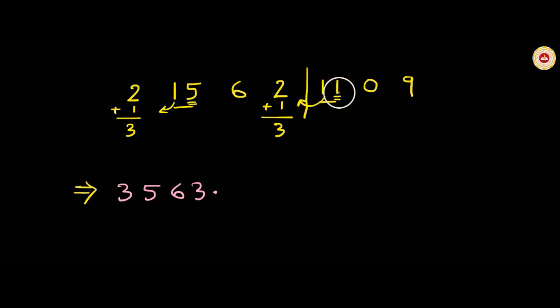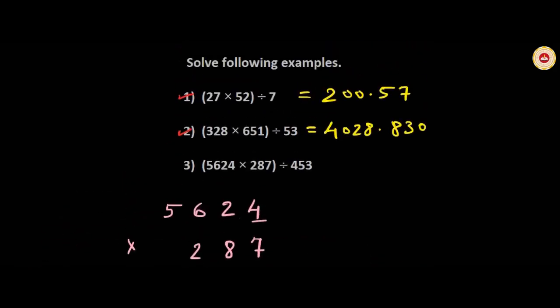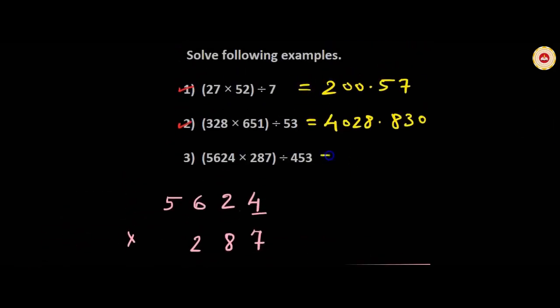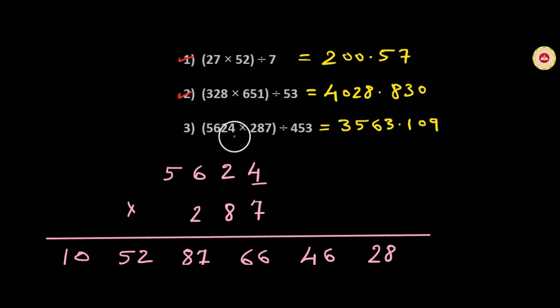Write 1, 0 and 9. 3563.109 is equal to. So 5624 multiplied by 287 divided by 453 is equal to 3563.109.